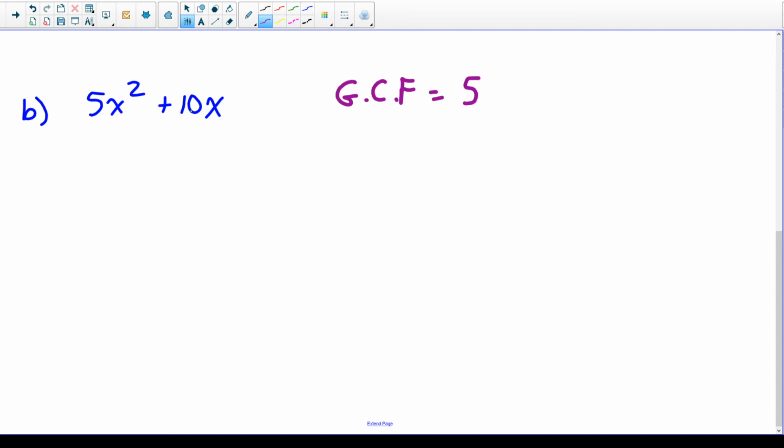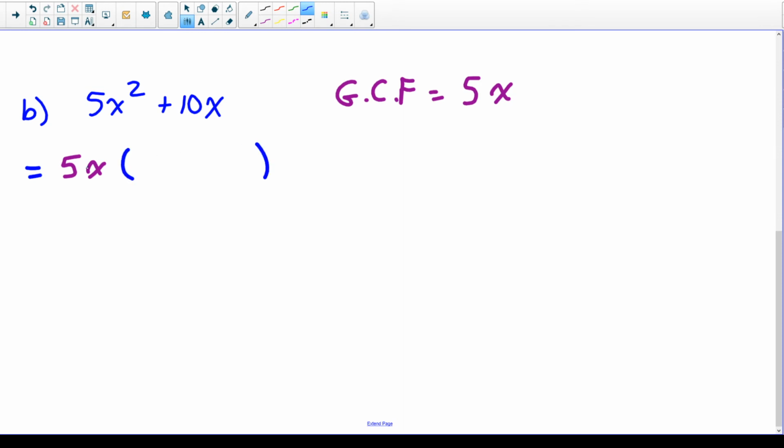So how many x's do they have in common? Well, this one has 2 x's, but this one only has 1 x. So that means they only have 1 x in common. So my greatest common factor is 5x. So I'm going to pull that 5x out in front. I'm going to open a bracket.